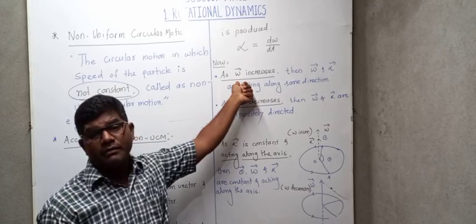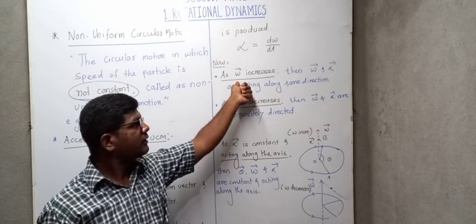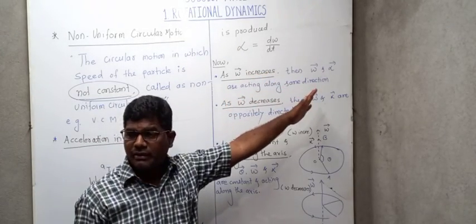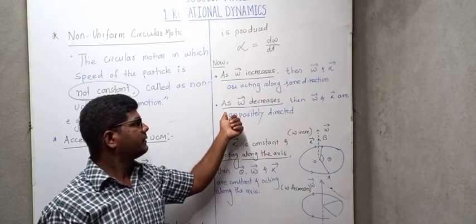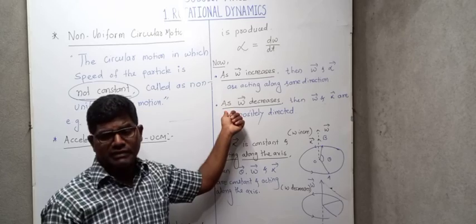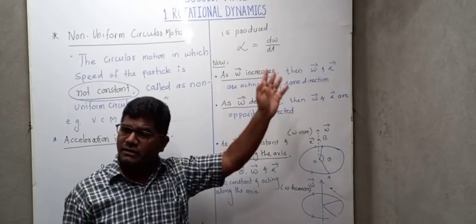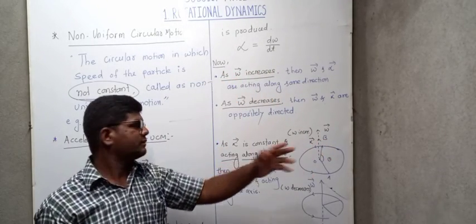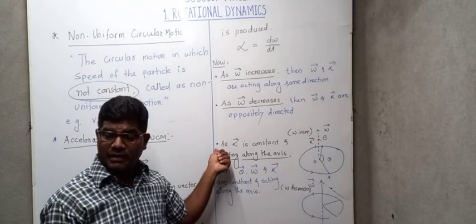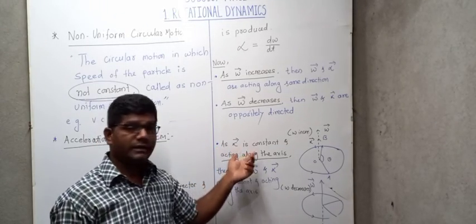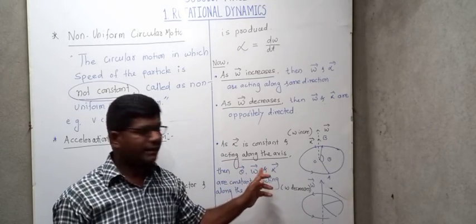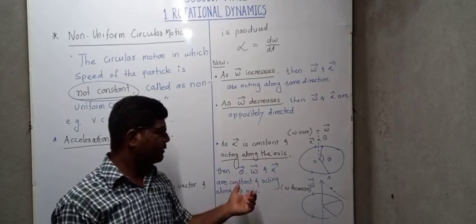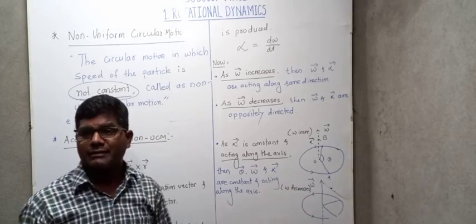If omega bar goes on increasing, then omega bar and alpha bar act along the same direction, and if omega bar goes on decreasing, they are oppositely directed to each other. And if alpha bar is constant and acting along the axis, then theta bar, omega bar and alpha bar are constant and acting along the axis also.